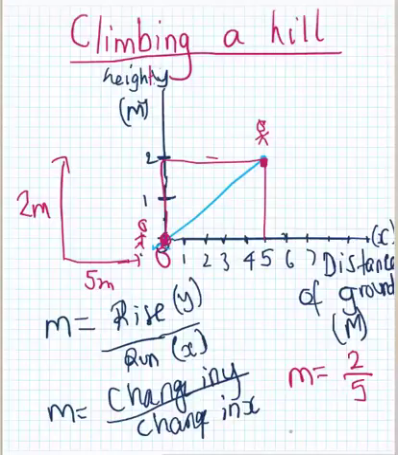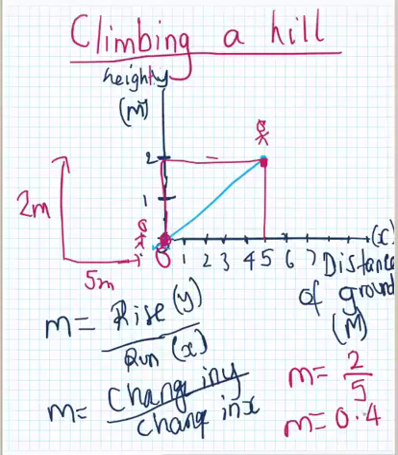Now that's a fraction, and that's fine. And to get the decimal, you can just put it in your calculator, and we get 0.4. Depending on the question, you can leave your gradient in fraction form, but putting it in decimal form gives you an understanding of how large the gradient is, or how steep the line is.